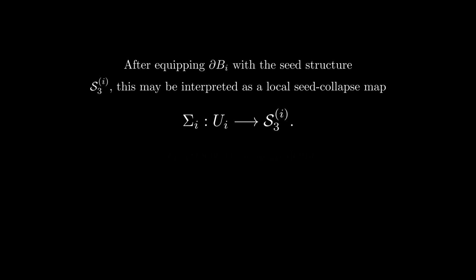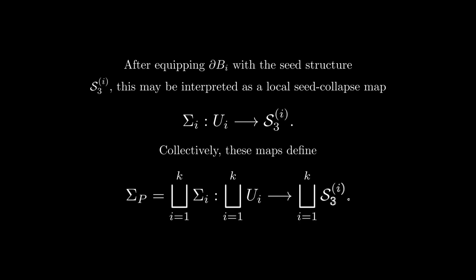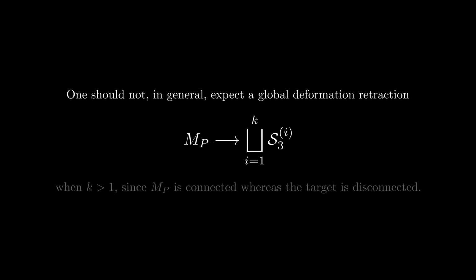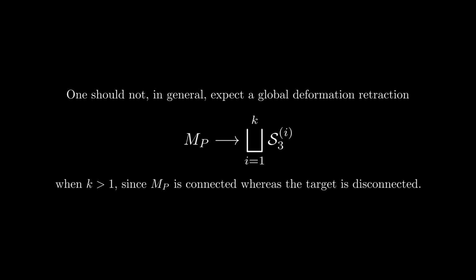And if we equip the boundary Bi with the seed structure, then we can interpret this as a local seed collapse map. So we're basically collapsing this R3 onto the outer boundary of the seed. We might not, in general, expect a global deformation retraction because MP is connected, whereas the target is disconnected.